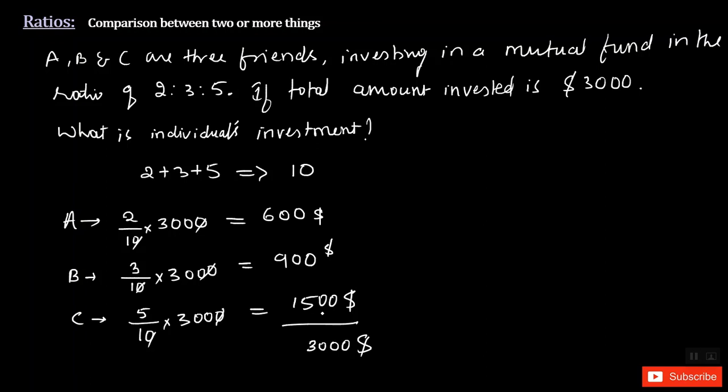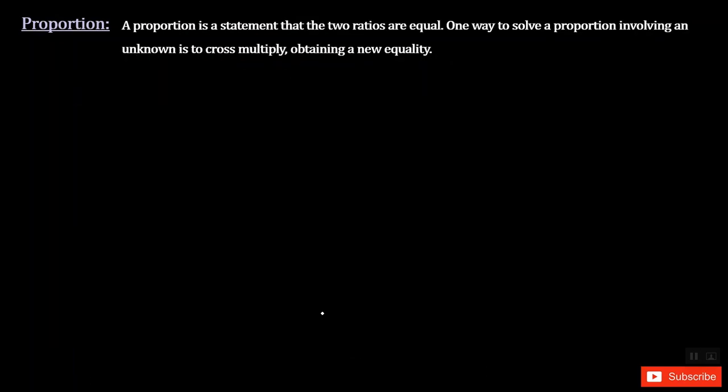Okay, now let's move to the next part of the topic, that is proportions. A proportion is a statement that two ratios are equal. For example, the ratio of 2:3 is equivalent to 4:6. The ratio of 2:3 is also equivalent to 6:9, and this can also be written as 8:12 and so on.